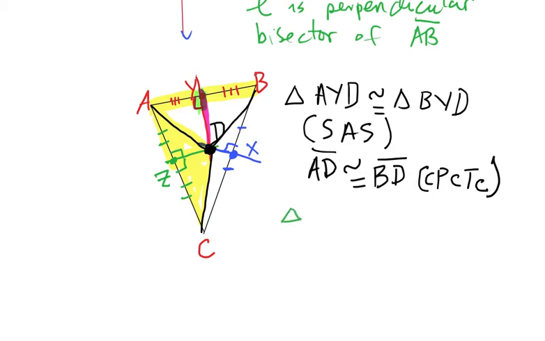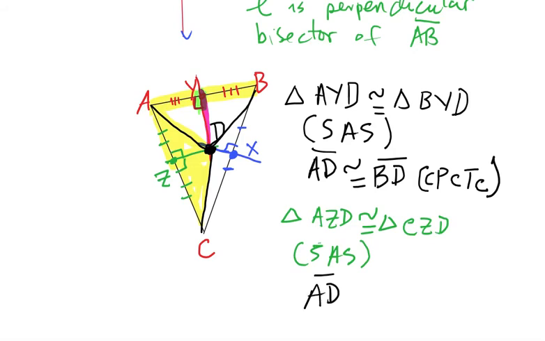So now we can also say that triangle AZD is congruent to triangle CZD by the same reason as before. I'm sorry, not CPCTC. Got a little ahead of myself there. The reason again is side, angle, side. Then we can say, just as we did before, that AD is congruent to CD by corresponding parts of congruent triangles are congruent, CPCTC.